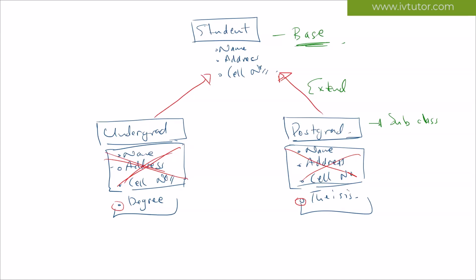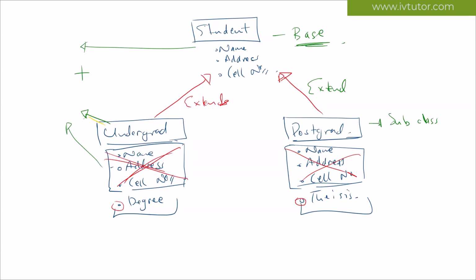So once you extend your classes like this, what your compiler is actually seeing when you tell it to make an object which is an undergrad, behind the scenes, your compiler is going, an undergrad is actually a combination of everything here plus everything here.